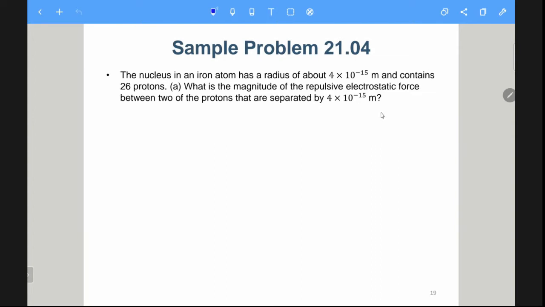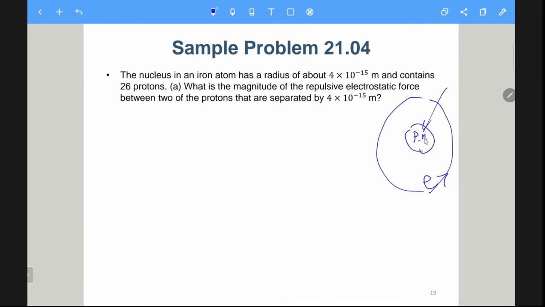So as long as you know the high school chemistry, you know for an atom there will be a nucleus and also some electrons. This is the nucleus, and the nucleus will possibly have some protons and neutrons in there.